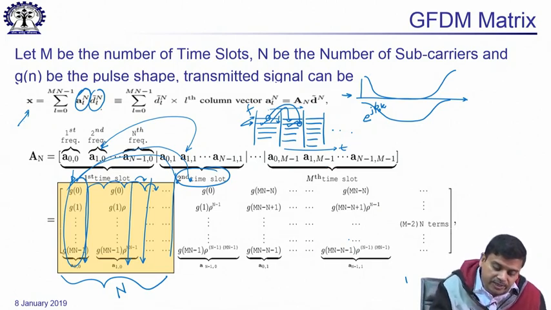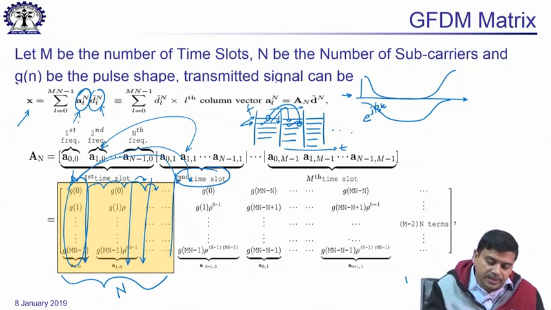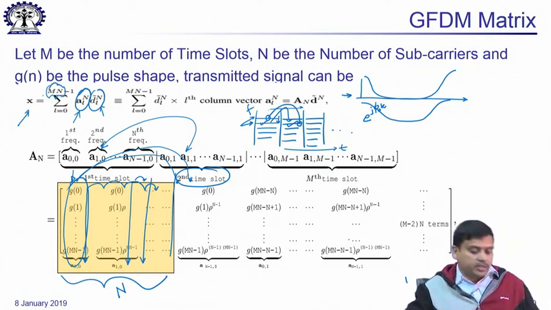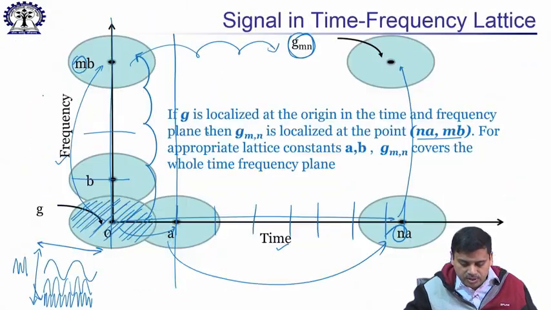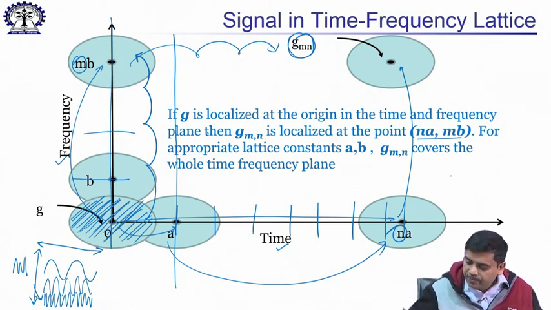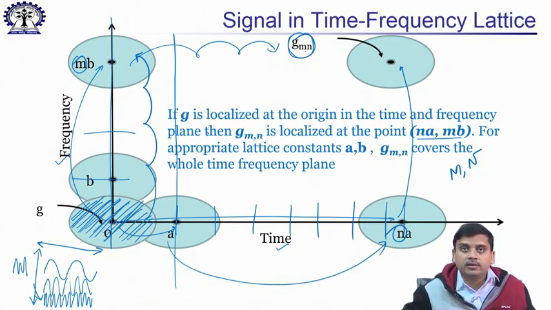Every data symbol is multiplied with a pulse shape, and there are m times n number of such pulse shapes. If we revisit the structure that we have over here, this is the basic Gabor structure, with small m n in this particular thing and capital M capital N over there.